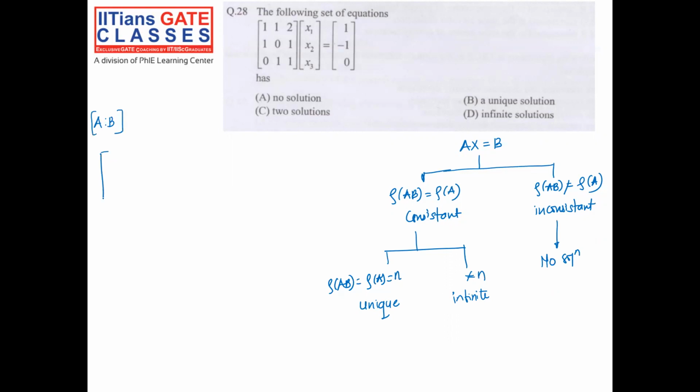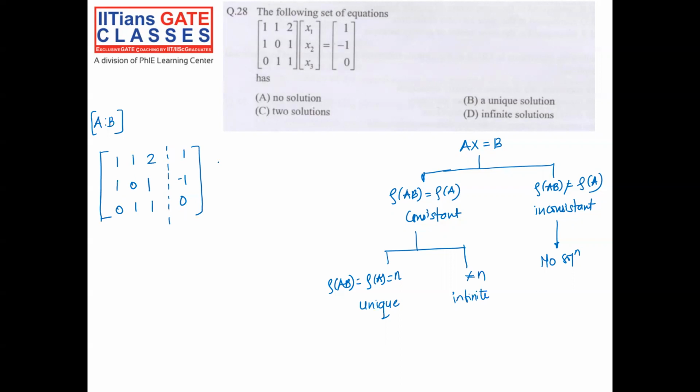First of all, I will write the A matrix: 1 1 2, 1 0 1, 0 1 1, and then the dotted line, 1 minus 1 0. Now let's try to convert this matrix into echelon form.